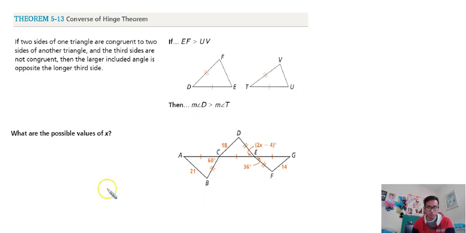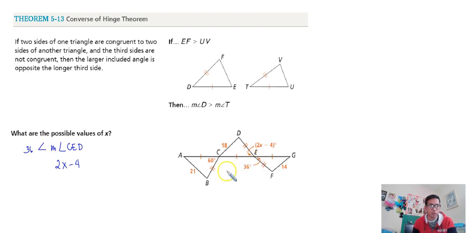As you can see, the measurement of angle CED, which is 2x minus 4, must be greater than 36.